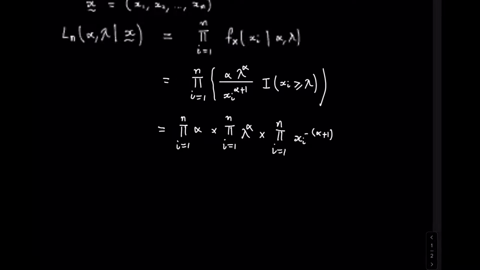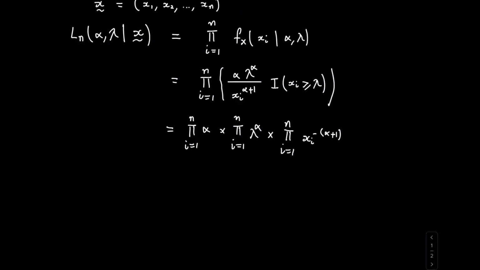And the final component is that we still have the product of all these indicator functions, xi greater than or equal to lambda.